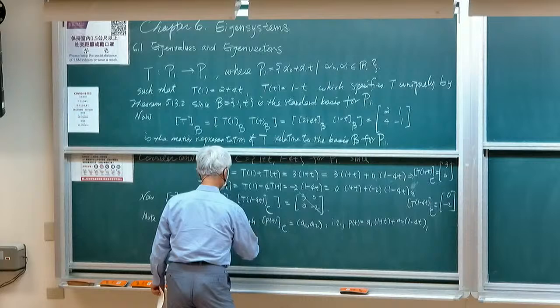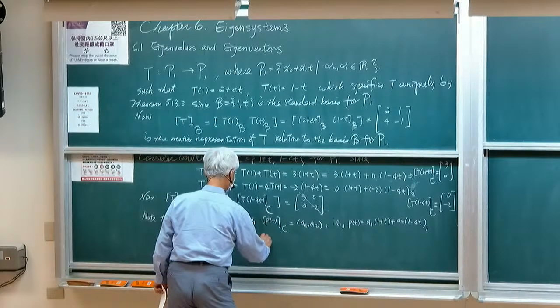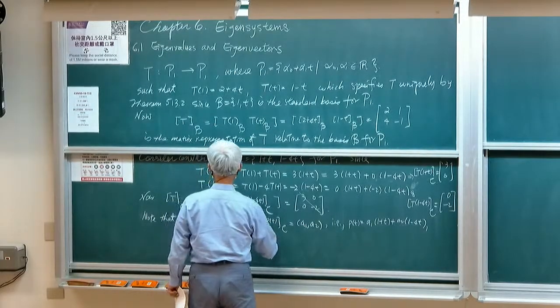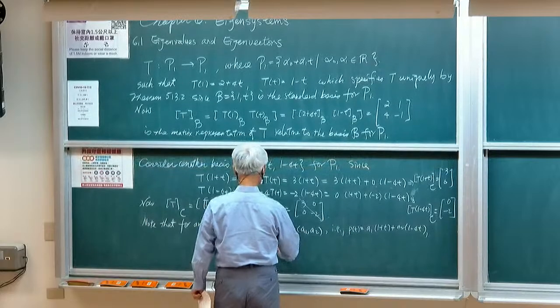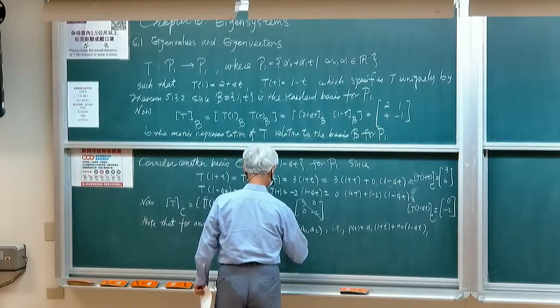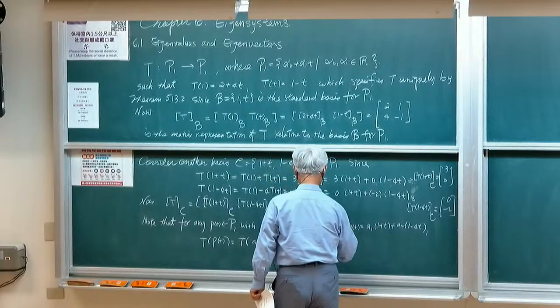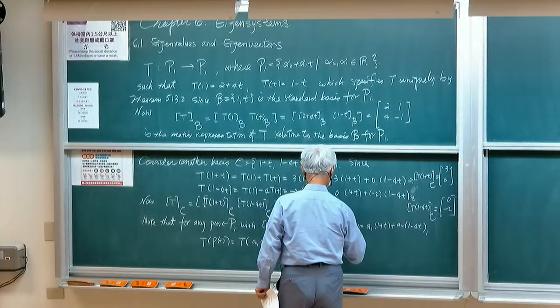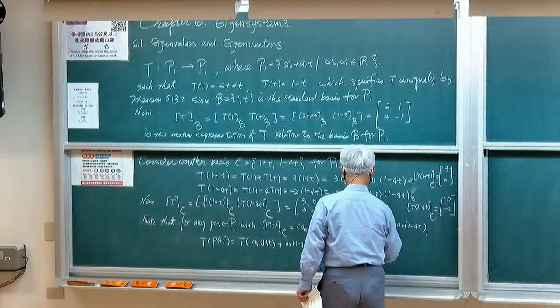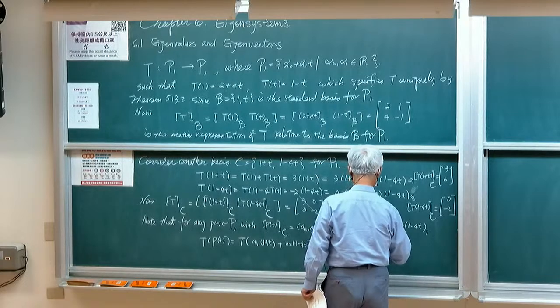Because T is linear, T(p(t)) is a1 T(1 plus t) plus a2 T(1 minus 4t).